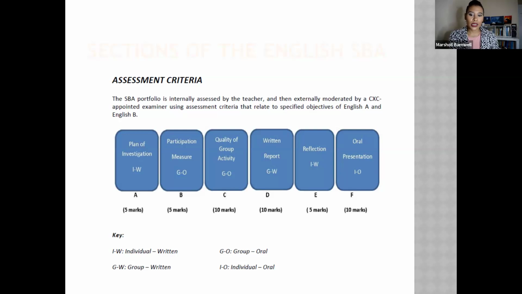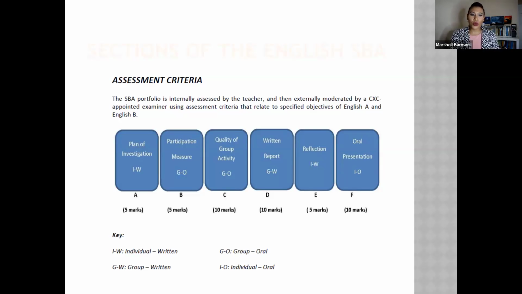Do you submit the work on time? Do you take pride in what you're presenting? Is the information that you're presenting well researched, or have you basically scrapped all of the different areas of the SBA? You can receive 5 marks from simply doing what you're supposed to do to get a great SBA.